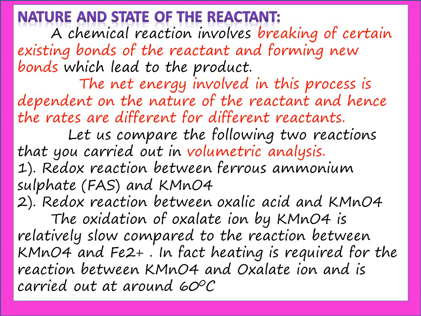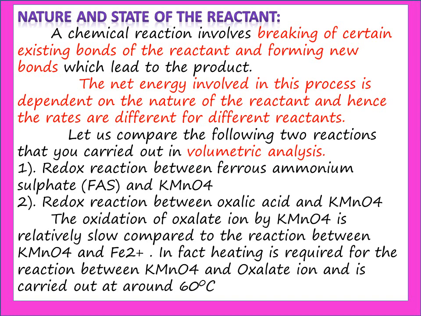You will be doing permanganometry in volumetric analysis, that is, we take potassium permanganate in the burette and ferrous ammonium sulfate in the pipette, and add a test tube of sulfuric acid. If you titrate, you will get a pink color. There is no heat required when you treat potassium permanganate and ferrous ammonium sulfate. You will get a pale pink color at the end of the reaction.